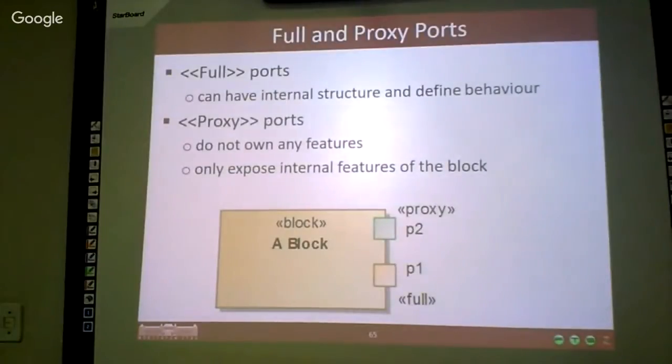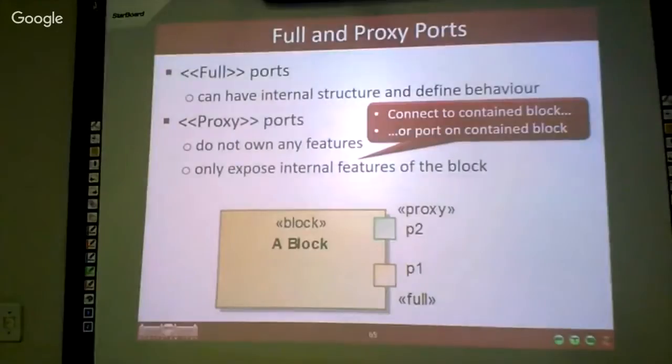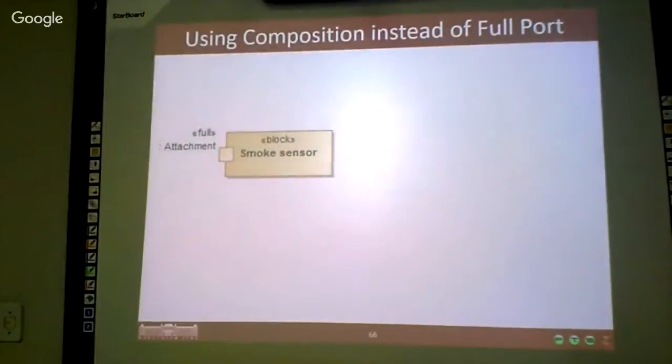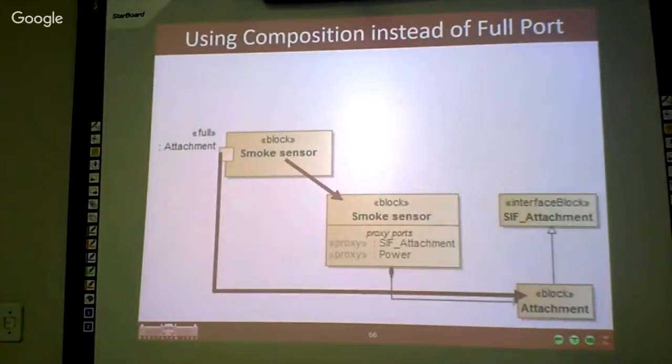And there are mainly two types of ports. One is the full ports that can have internal structure, and you can also define behavior. And you can also use proxy ports that do not own any features. They only expose the internal features of the blocks. And you can use composition instead of the full port.